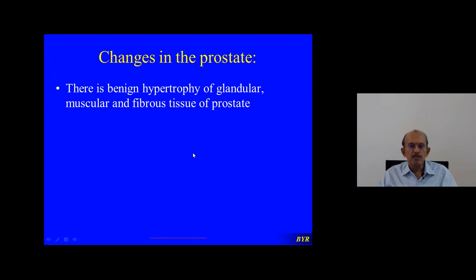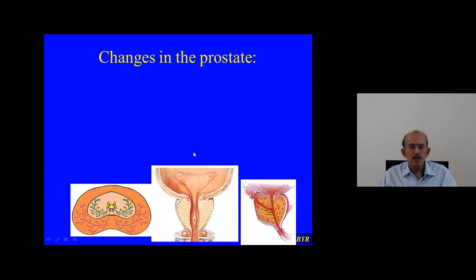So, what happens in BPH? There is benign hypertrophy of the glandular, muscular, and fibrous tissue. The urethral glands and periurethral glands in the transition zone are mainly affected.